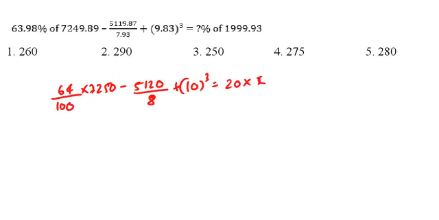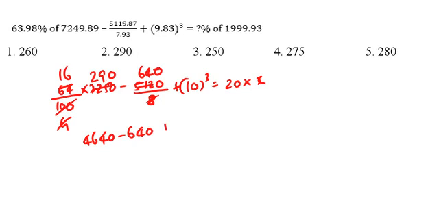Now this is 25 fours, this is 25 twos, 90, 4 ones, 416. 290 into 16, that is 4640 minus 640 plus 1000 is equal to 20x. 4640 minus 640 is 4000. 4000 plus 1000 is 5000. 5000 is equal to 20x. X is equal to 250.